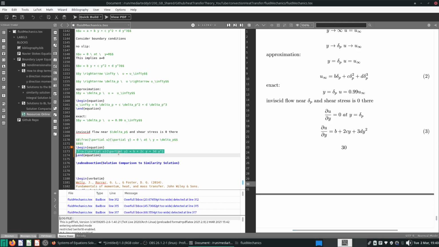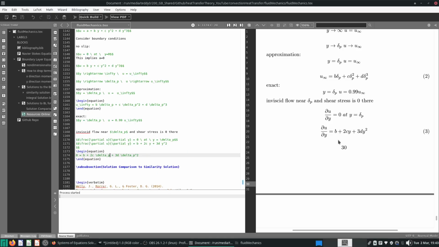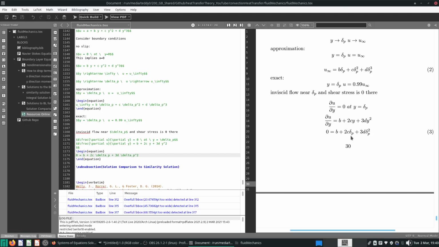We'll substitute 0 here: 0 equals b plus 2c delta p plus 3d delta p squared, and you will have an equation looking something like this. Alright, so that's your next equation.